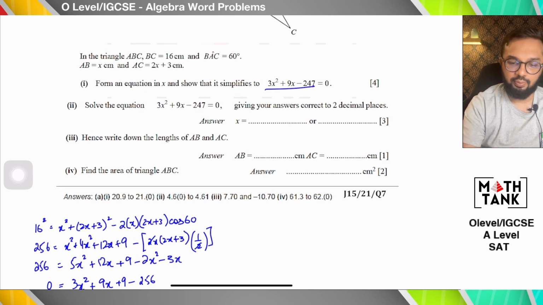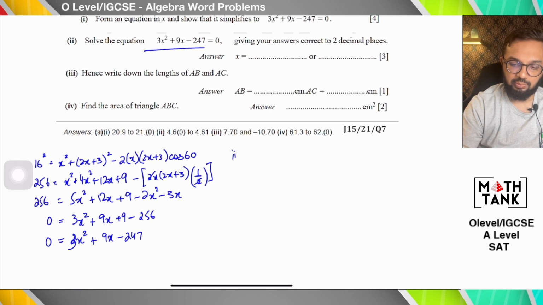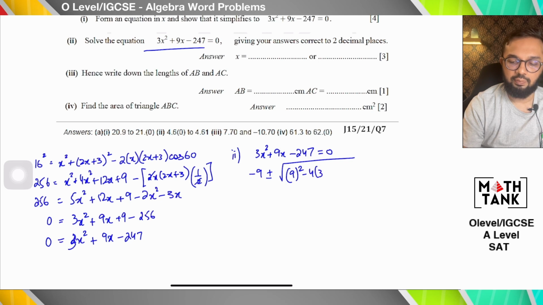Okay, solve the equation this. That was the proof, common equation in x. Solve the equation this. So I'm going to say that 3x squared plus 9x minus 247 equals 0. So x equals minus b plus or minus the square root of b squared minus 4ac, over 2a.